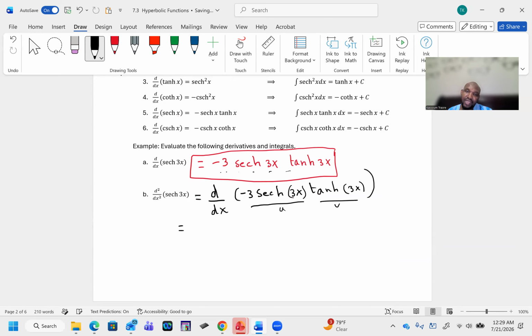So the derivative of negative 3 hyperbolic secant of 3x will give us 9 sech(3x) tanh(3x), right?